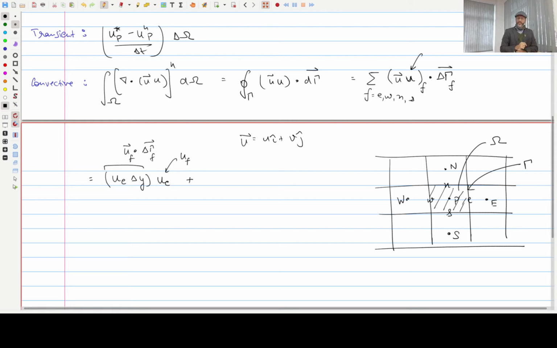Then the western face. On the western face, the outward normal is minus I hat this time. So we get minus u west times delta y, and then we have a u west coming from the quantity being transported.